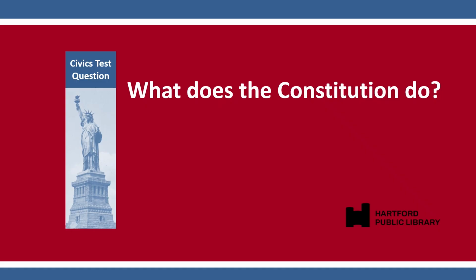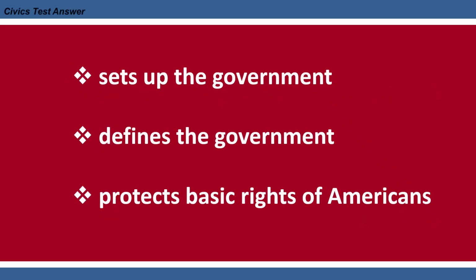Civics test question. What does the Constitution do? Sets up the government. The Constitution of the United States sets up the government, defines the government, and protects the basic rights of Americans.